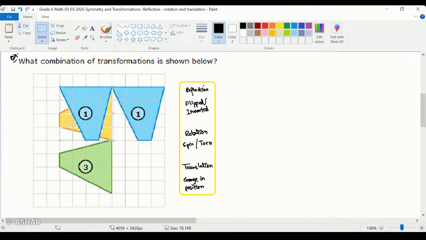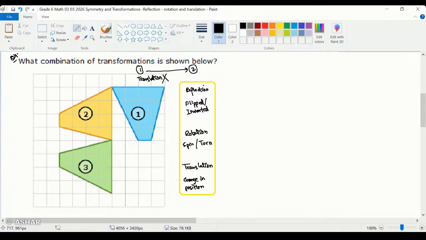But it did not stay exactly the same. Its direction has changed, right? So from shape number 1 to shape number 2, we say that translation is not possible, right? Because this is not translation.